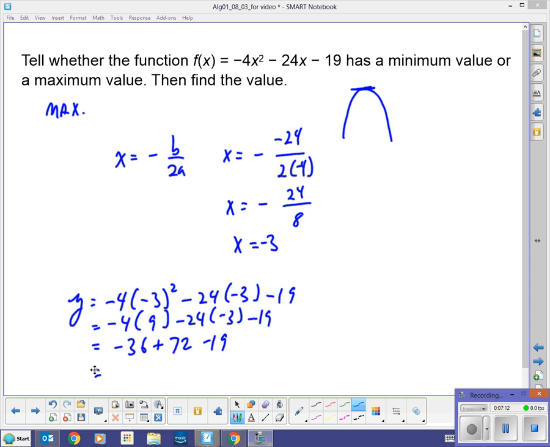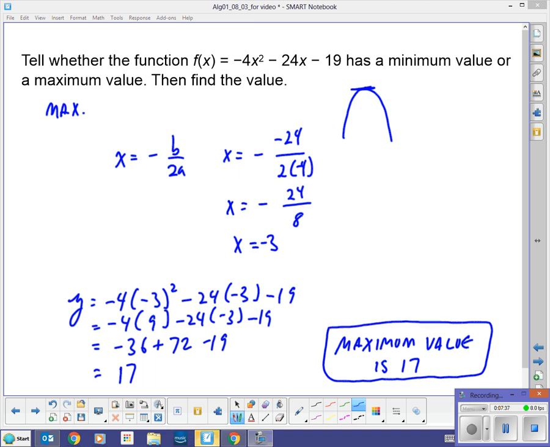And all this simplifies to 72 minus 36 minus 19, 17. So that maximum value is 17. Maximum value is 17. Okay, so that answers the question.